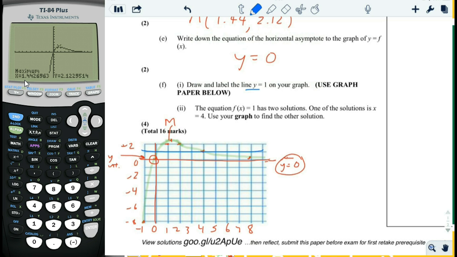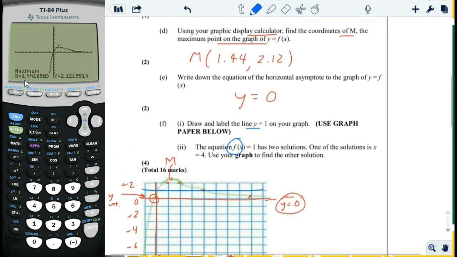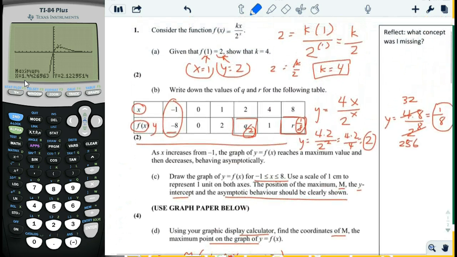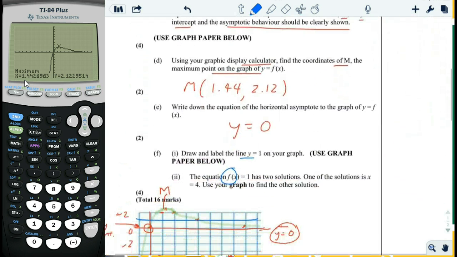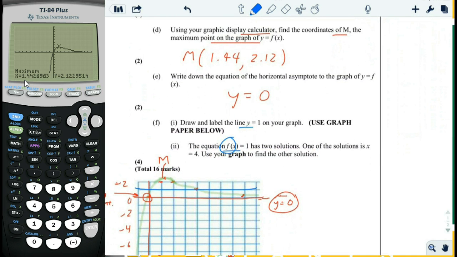The equation f of x equals 1 has two solutions. One of the solutions, and f of x, remember, is this equation. Okay, so this equals 1 is when there is an intersection between the line y equals 1 and this graph. So where does that intersection happen?